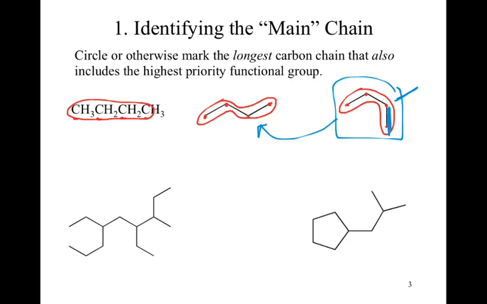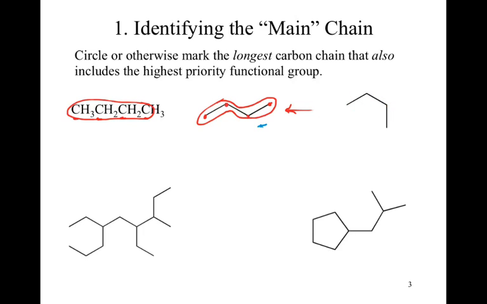In this case, we have enough energy at room temperature to allow for the sigma bond to freely rotate. Well, if that sigma bond freely rotates, these structures are the same, which then means they would get the exact same name. So we have to watch out for that because that can affect our naming system and ultimately identifying our longest carbon chain.